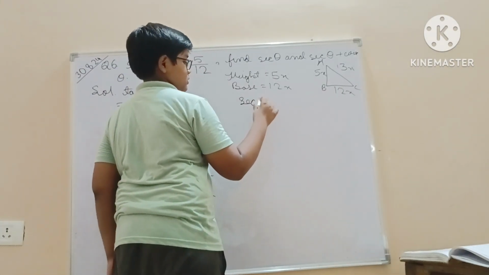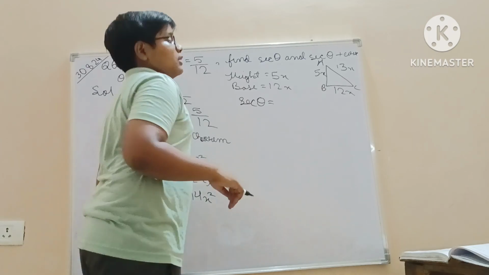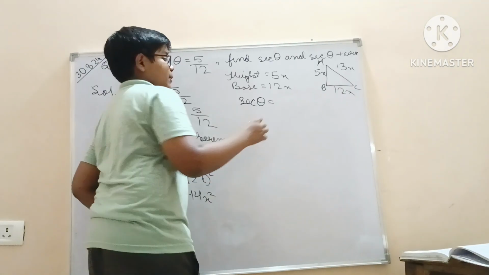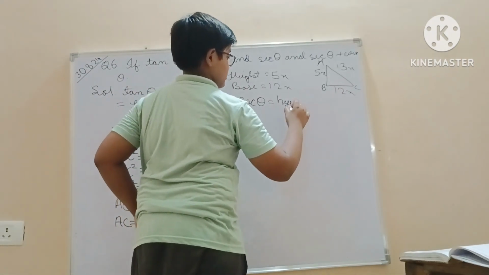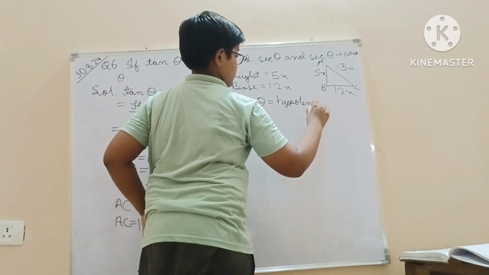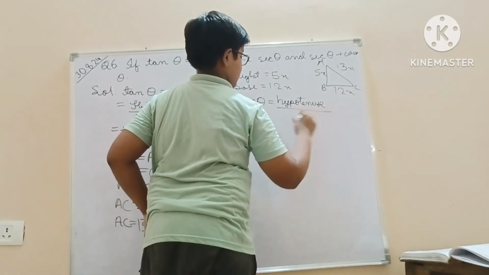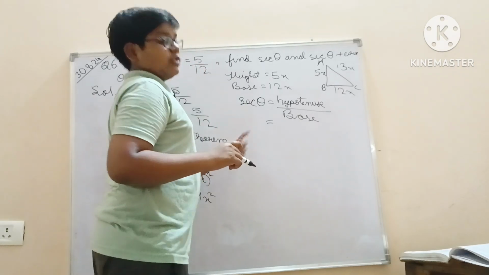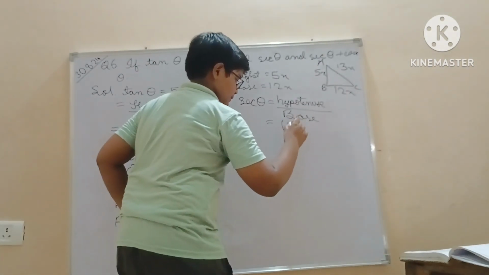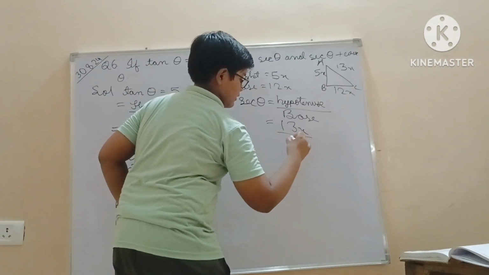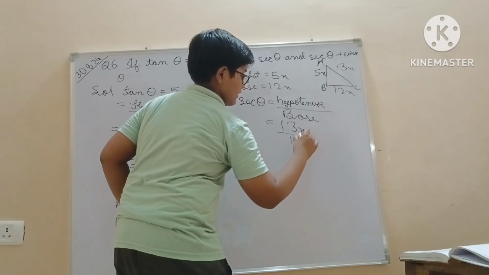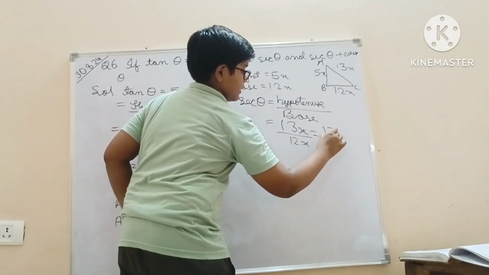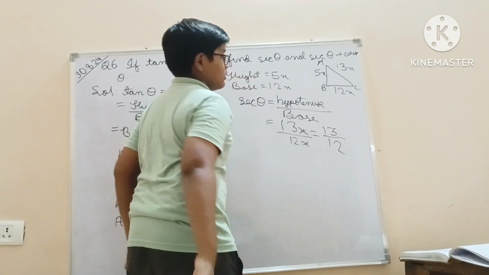Now sec theta is equal to, the formula of sec theta is hypotenuse upon base, and the hypotenuse of our triangle is 13x and the base of our triangle is 12x. Now we have found the value of sec theta as 13 by 12.